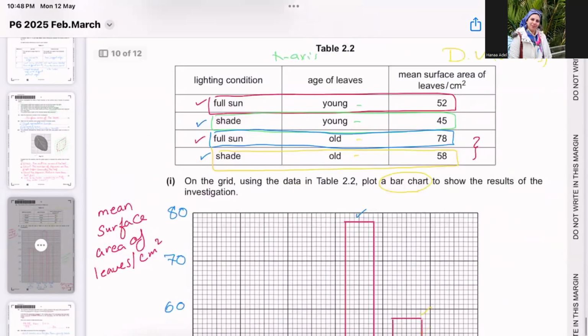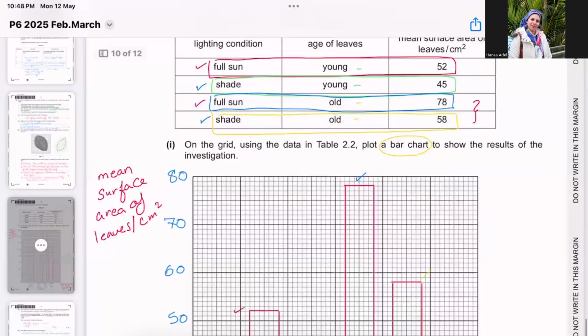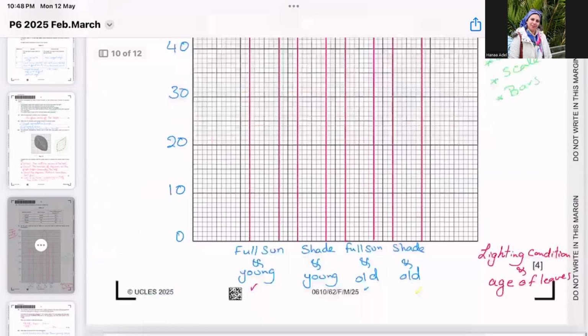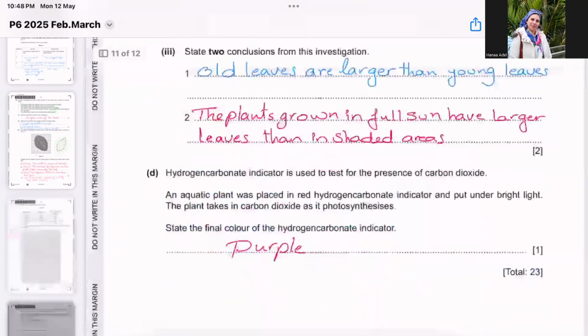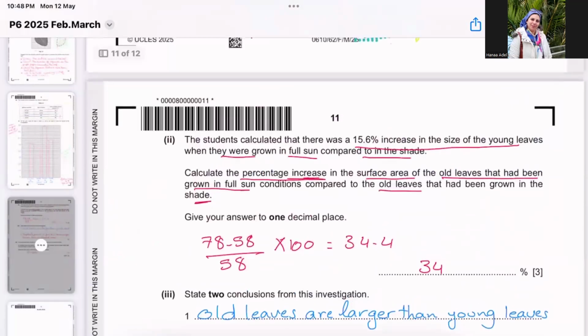So we have the rule, which is final minus initial divided by initial, multiply 100. So 78 minus 58 divided by 58 multiply 100 equals 34.4. We need it to one decimal place. So the value is 34.4.